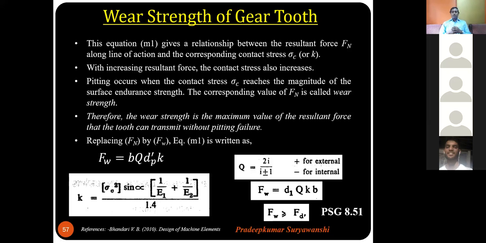Because the Fn value corresponding to the surface endurance strength is the wear strength, we will replace Fn by Fw. Replacing Fn by Fw in the previous equation, we write Fw is equal to b q dP prime K. So this is the equation for wear strength of the gear tooth.